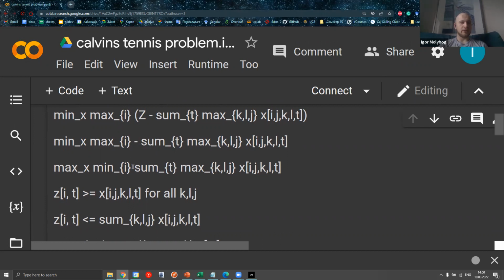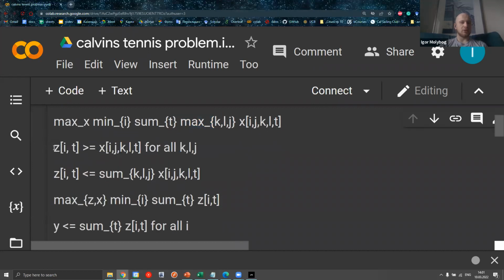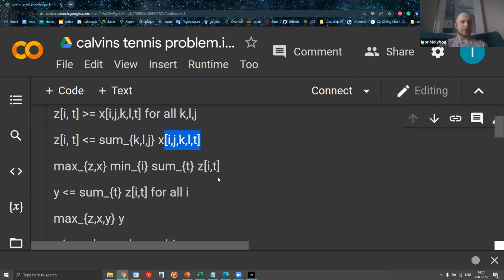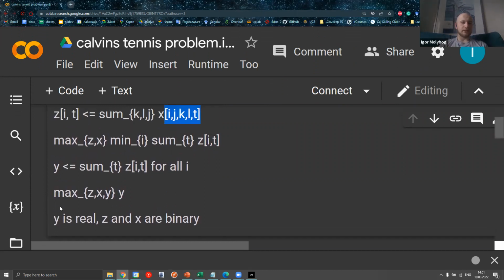so it's going to be a maximization of a minimization of a plus sign. Then we can reformulate this maximization of minimization and the summation by introducing a new variable z_it that is greater than or equal to x_ij and less than or equal to the sum over x_ijklt. Eventually we can reformulate it as just the maximum over y of variables z, x, y.